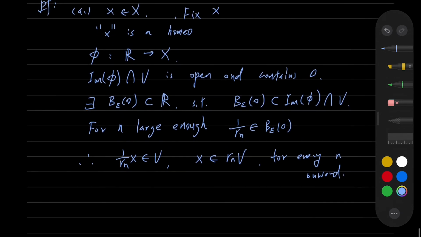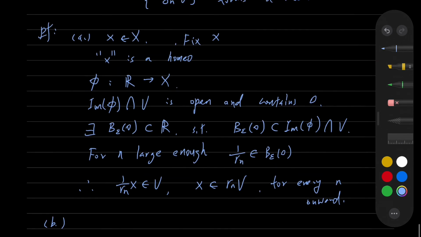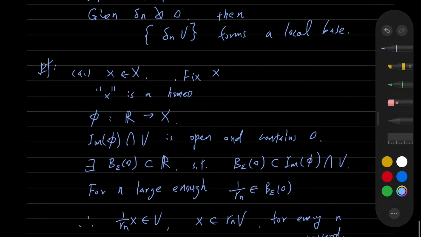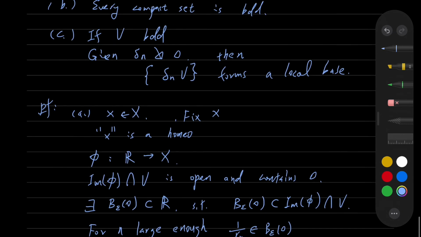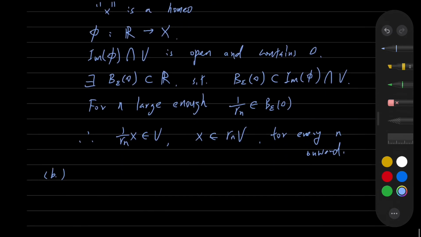So this is part A. Essentially it means that given any neighborhood of 0, you can just enlarge it infinitely, and you will eventually cover the whole space.